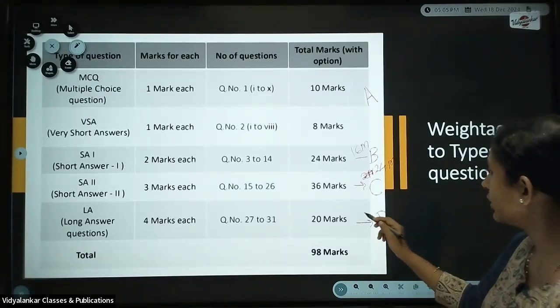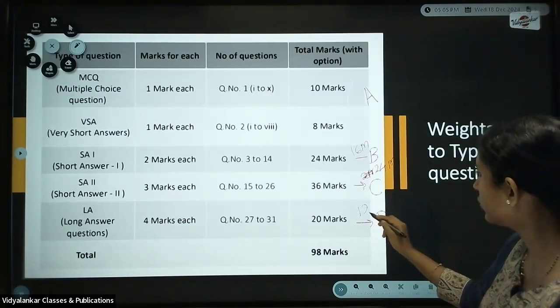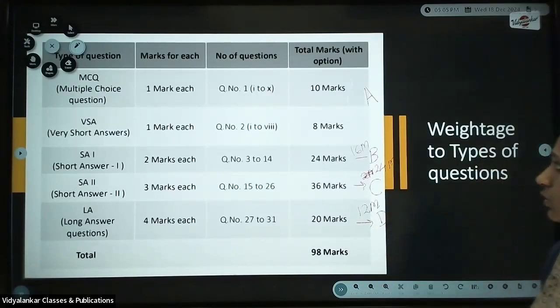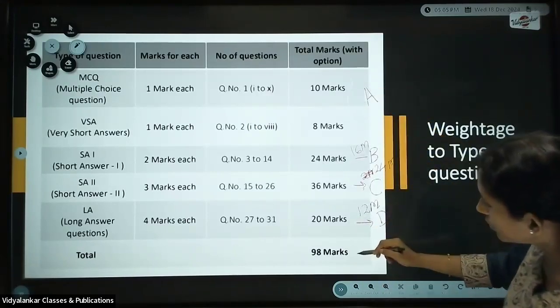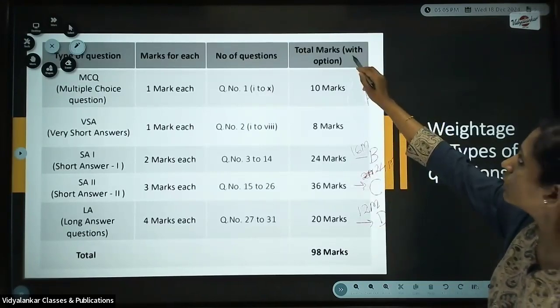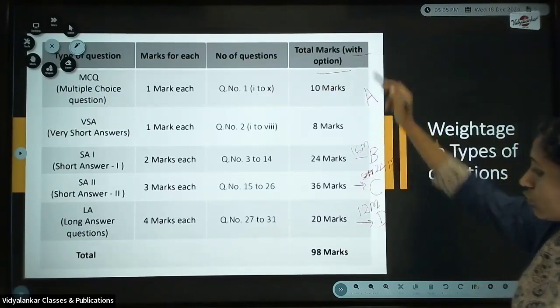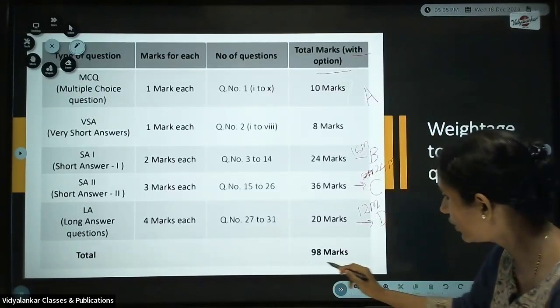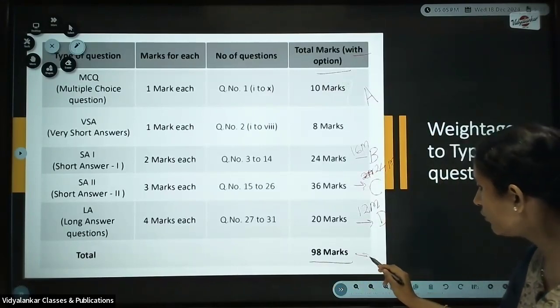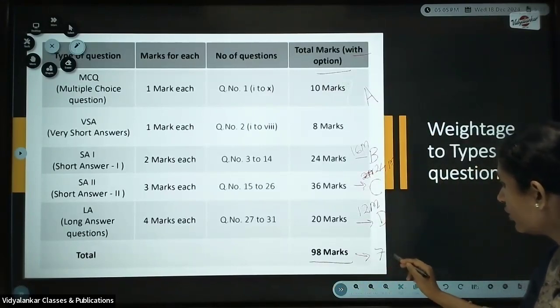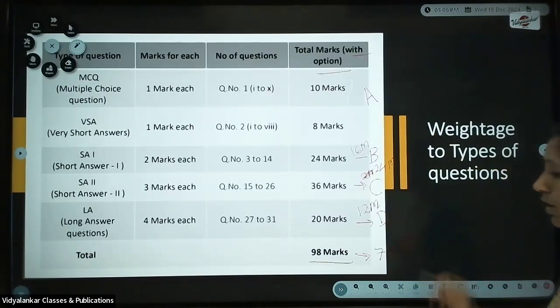So overall, your attempt is for what? 12 marks. So this distribution is given with option. Your overall paper is for 98 marks, from which your attempt is for 70 marks. Clear?